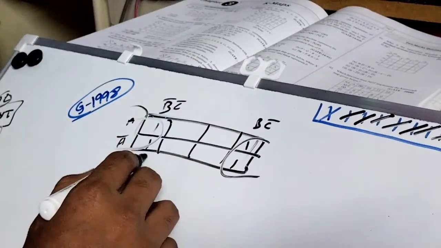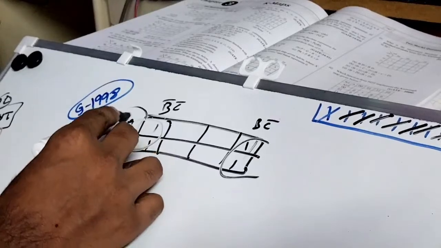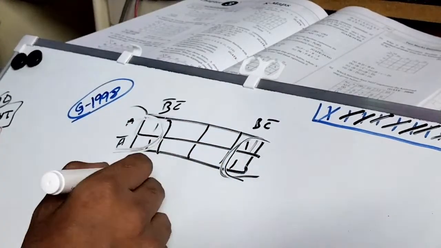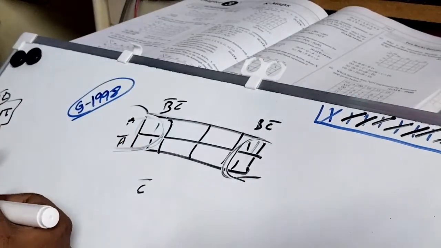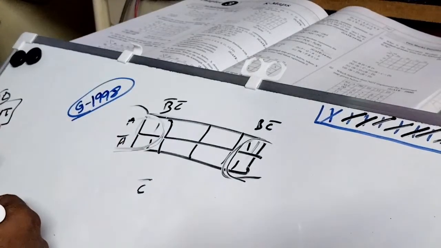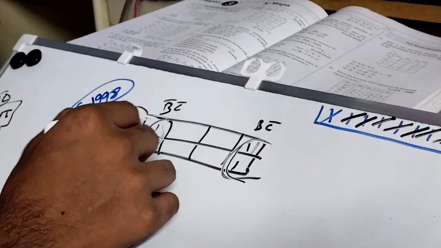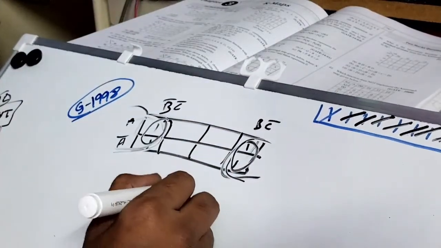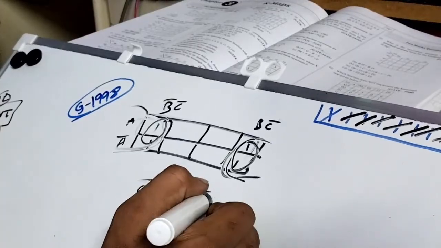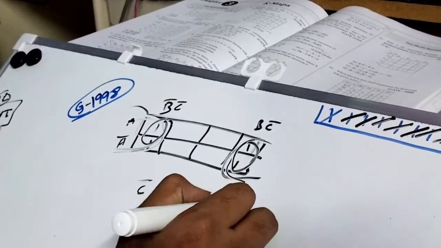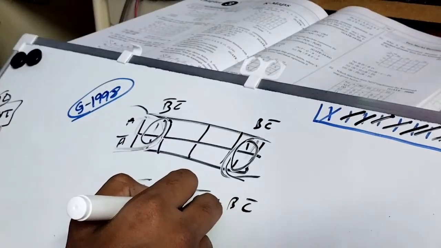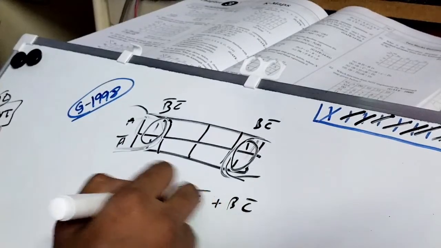If it is a digital we get, we will get only C bar. But there is no option here. So then what we need to do is just these two one set and these two one set. Like B bar C bar plus B C bar. So two to anything you'll get, you get C bar.